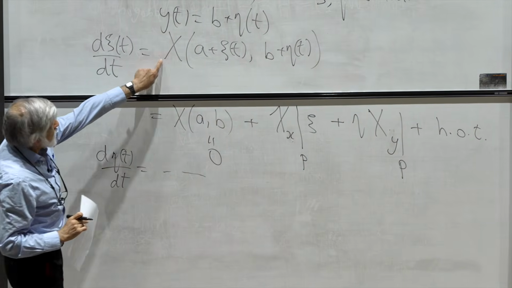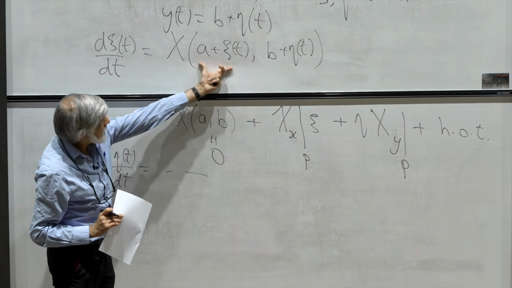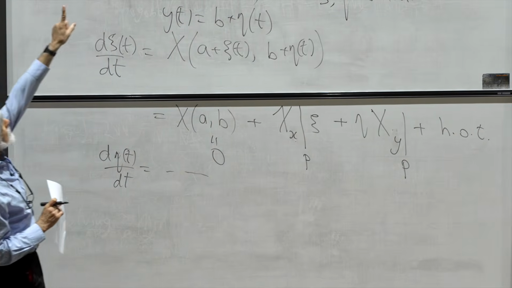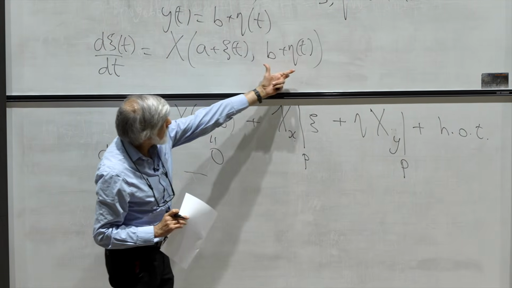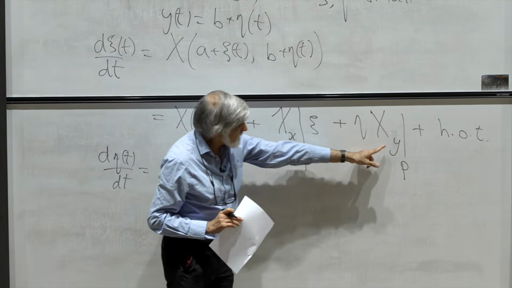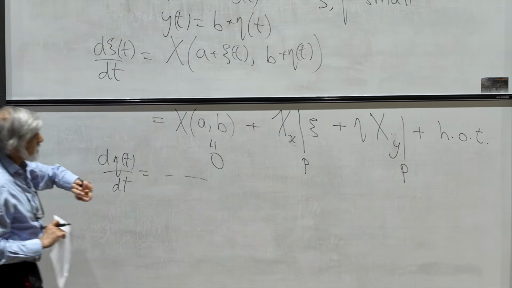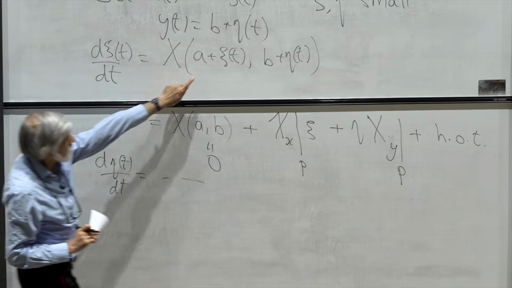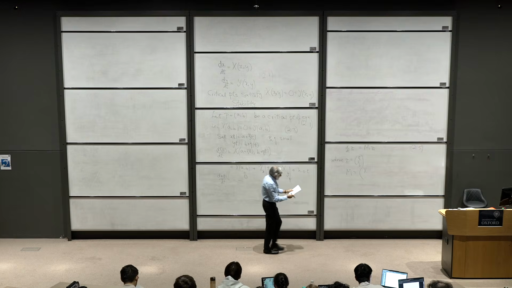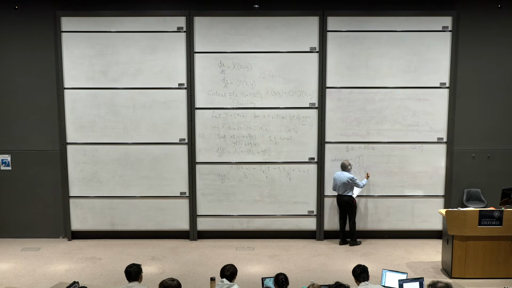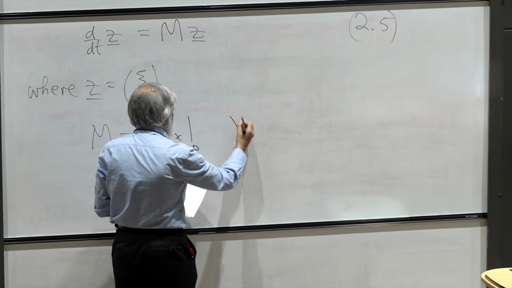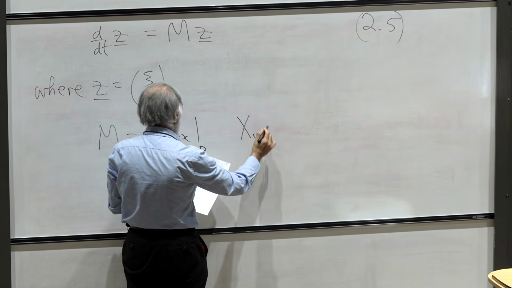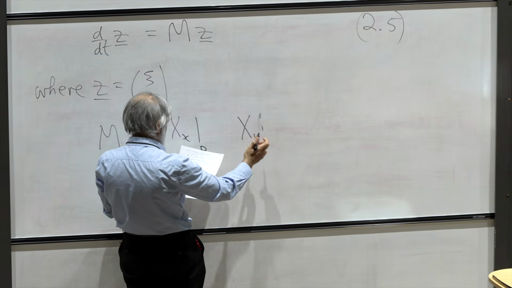Because we're differentiating this with respect to this variable, and that's the variable x. So this should be x, and then we're differentiating this with respect to the variable y, so that'll be y. Then you multiply by the xi and the eta. So that'll be x_x at p, x_y at p, evaluated at p.